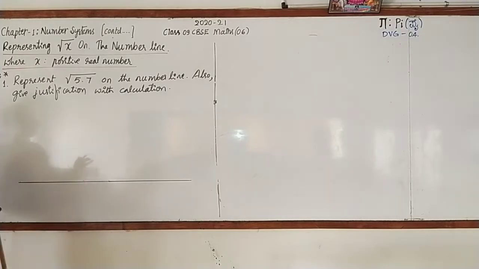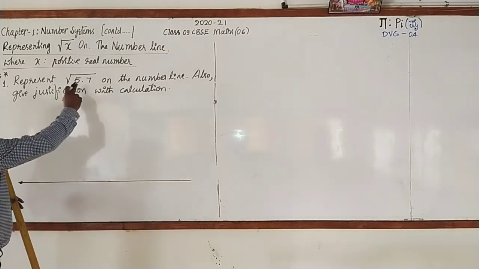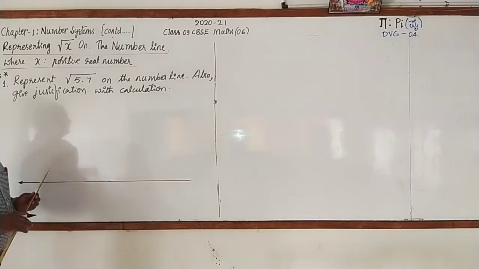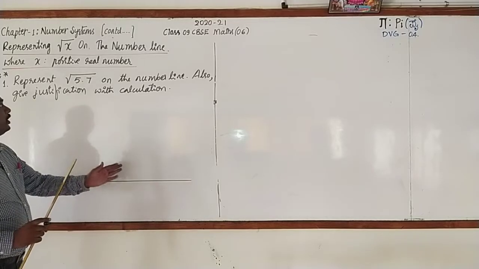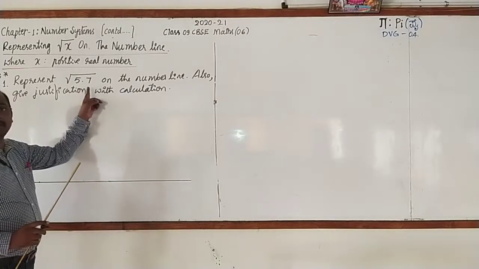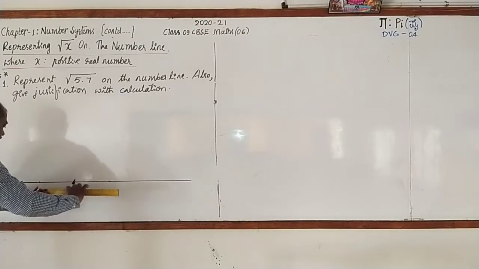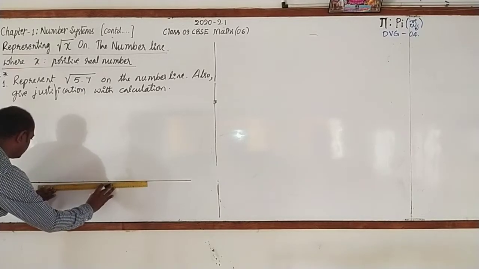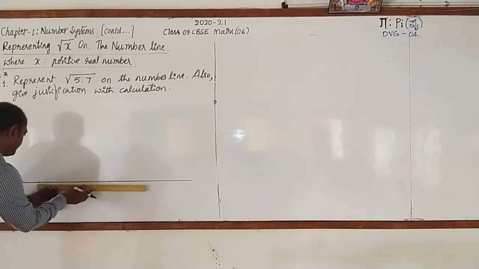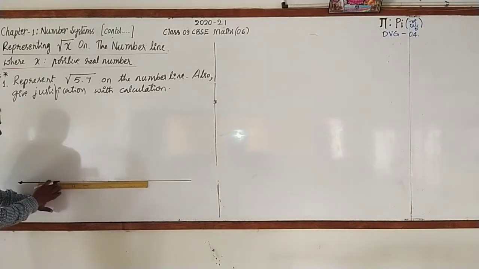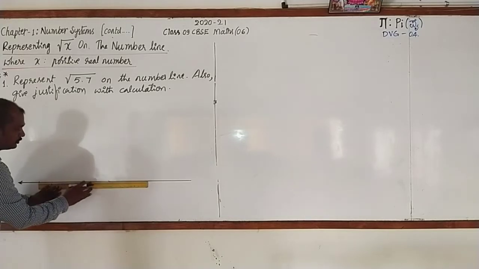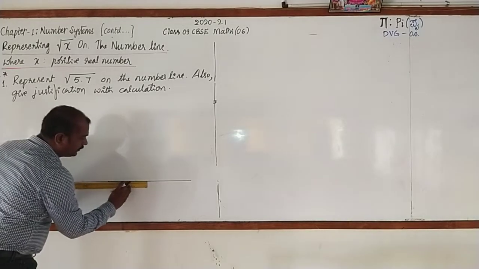See your notebook and draw accordingly. Next, here 5.7 is there. Now we have to mark a point for 5.7. Here I use the scale. This is 0. Now, in my scale, I am taking every 1 centimeter as 1 unit. 1 unit, 2, 3, 4, 5, 5.7.